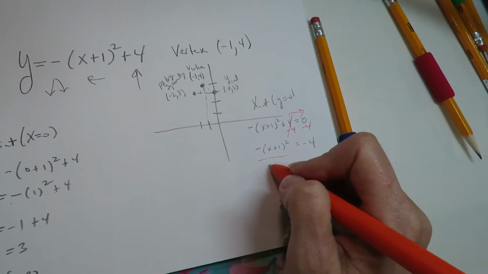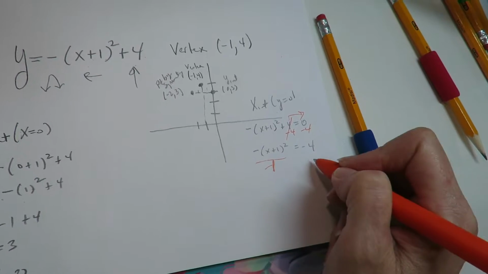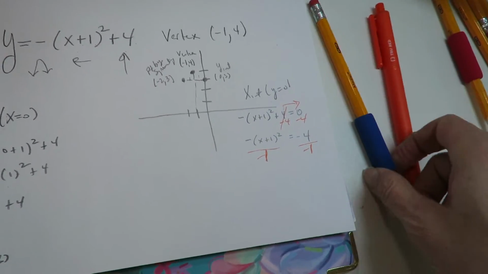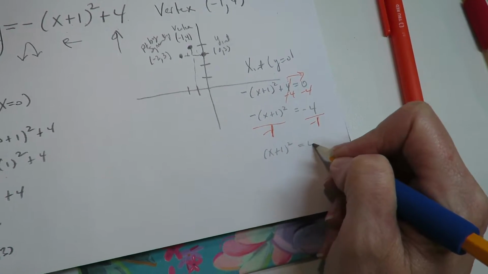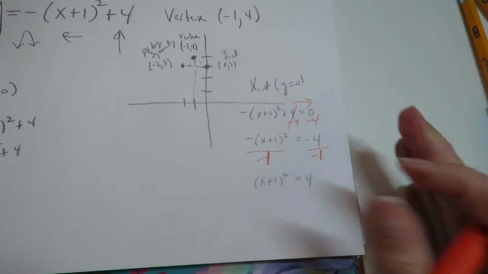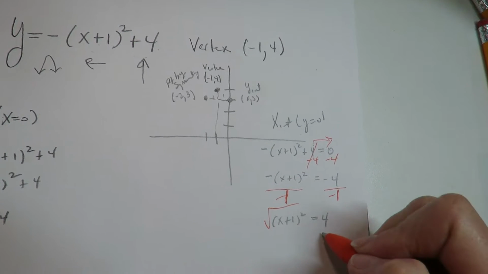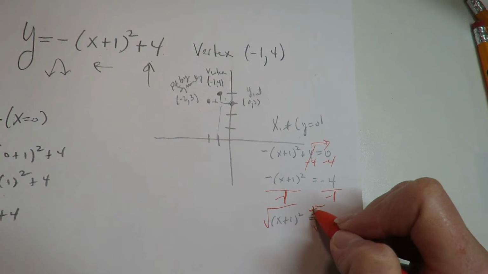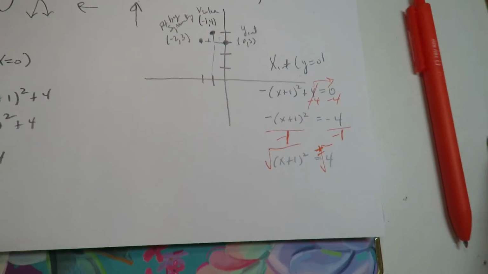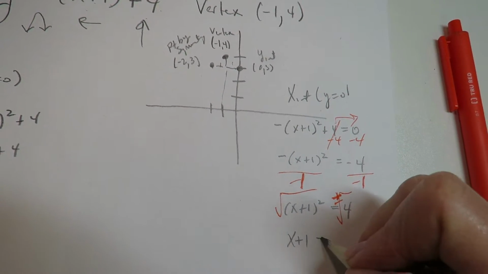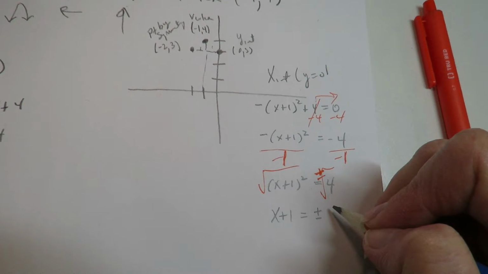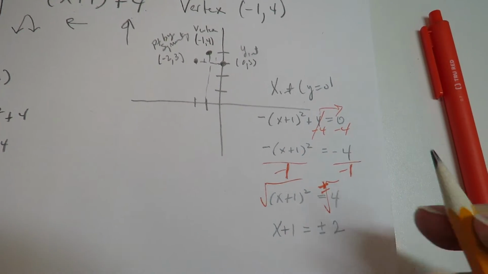I'll divide off the -1. I'll take the square root of both sides. I'll put the plus or minus in front of the square root, and the square root of 4 is 2.